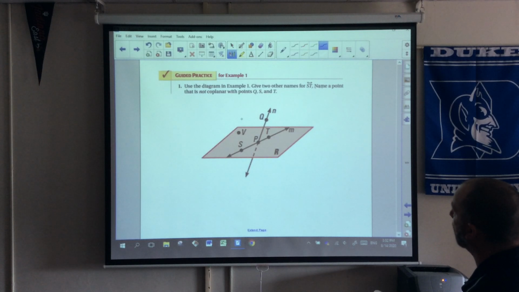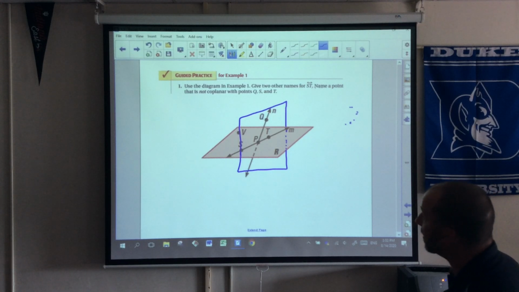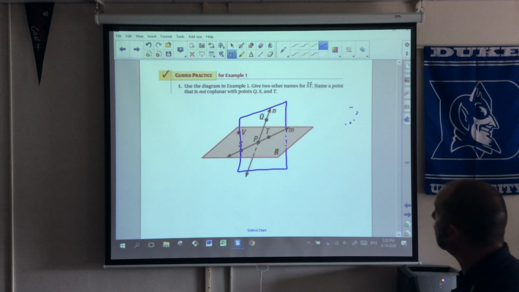If I did this and went here, here, and then dotted line there because it's hidden. There you go. And then like this. Wouldn't P be on the same plane? Because that line's on that plane, right? But V's not. V's off to the side. V's on the same plane with S and T, but not all 3. So V's your answer right there.